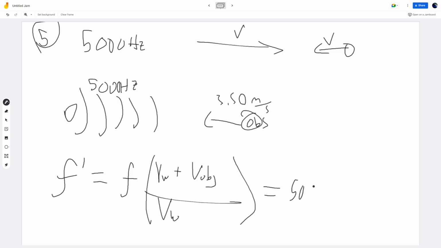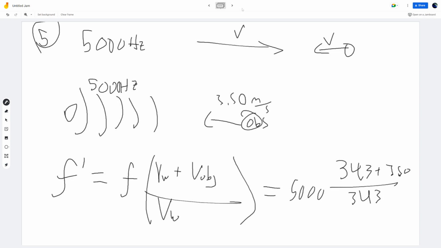So then just plugging in values, 5,000 times 343 plus 3.50 over 343. Putting that into a calculator, 5,000 times 346.5 over 343.